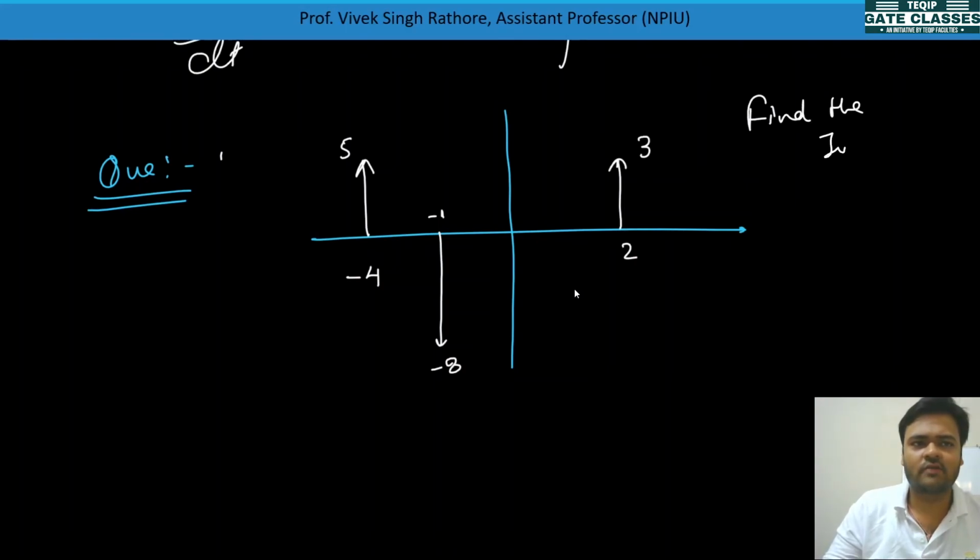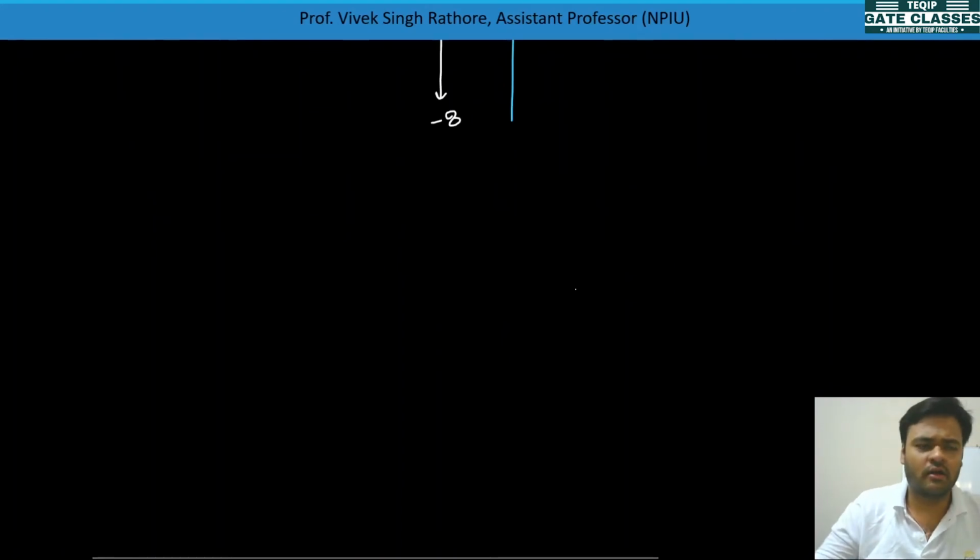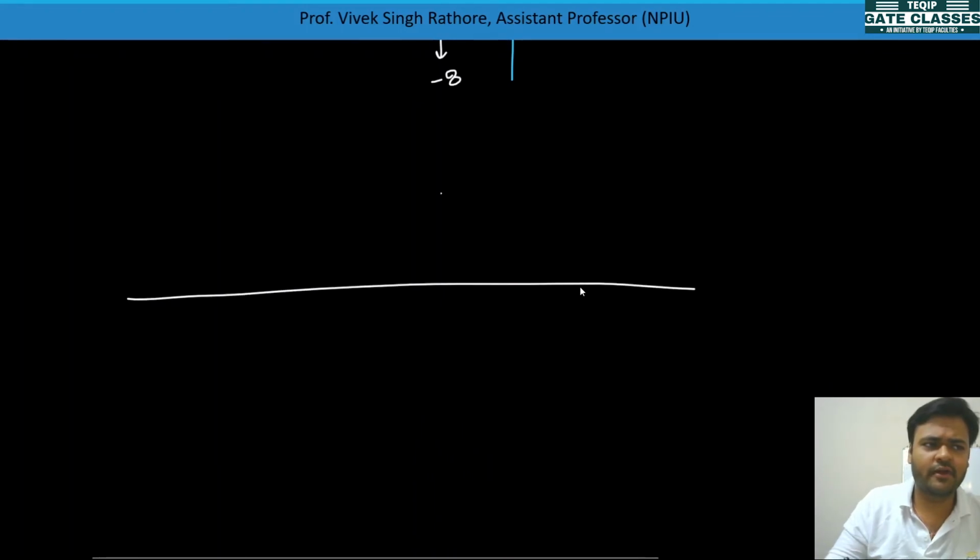Now see, these questions are based on the relation which we have discussed. As you know, this is an impulse signal, and if you integrate an impulse signal, you will get a unit step signal.